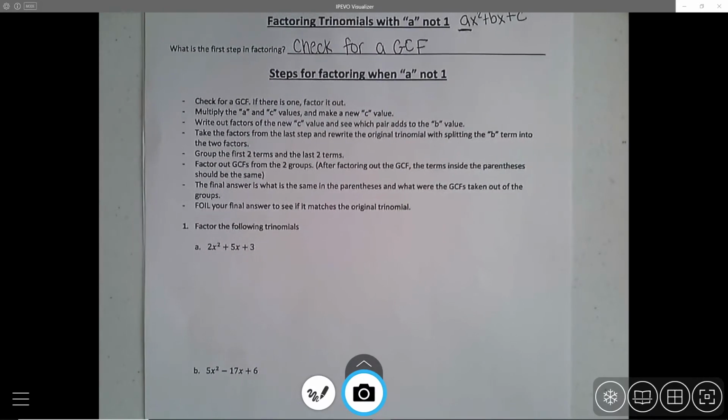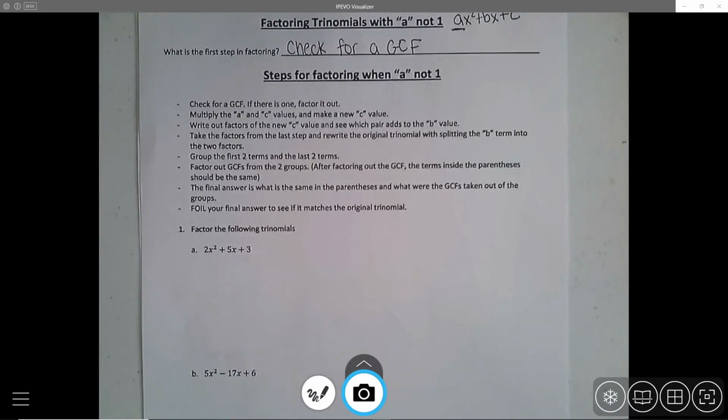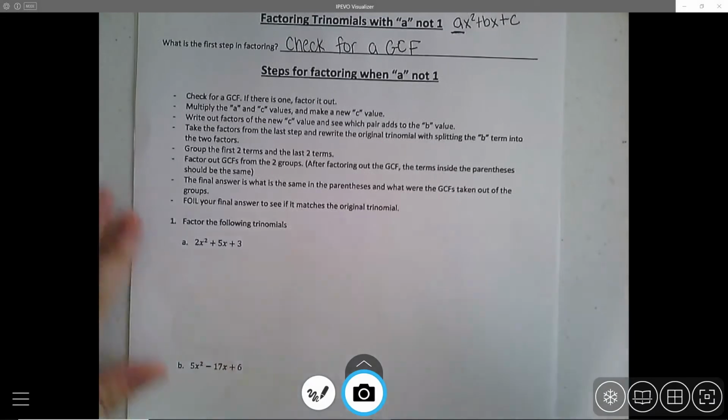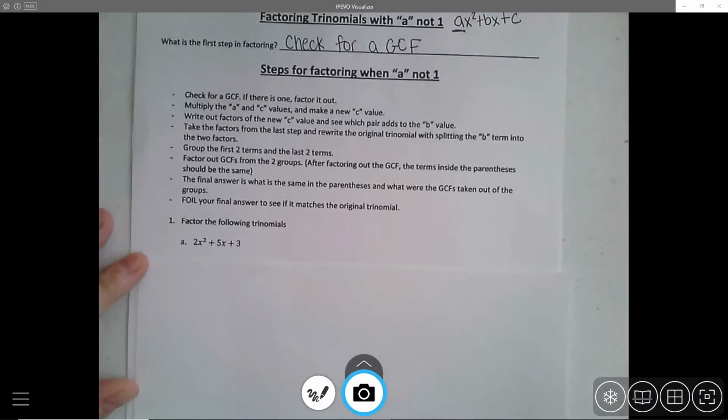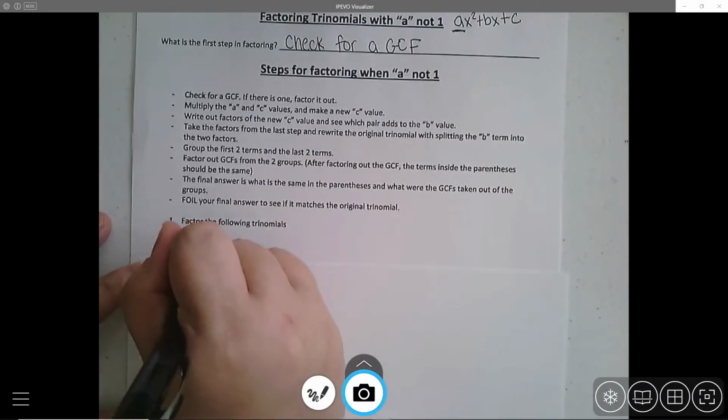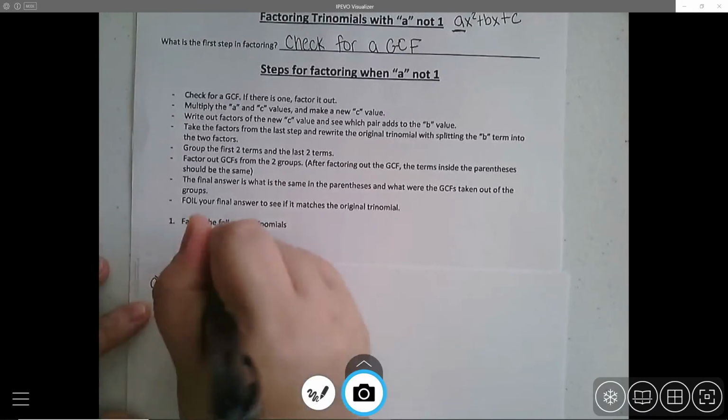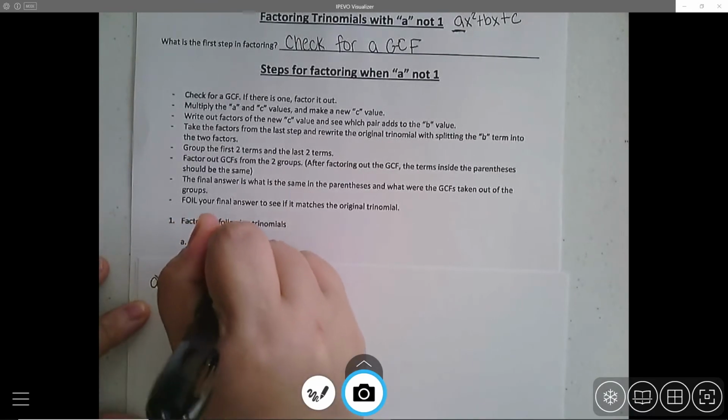Always remember, the first step in factoring is to look at a problem and see if it has a GCF. Now I'm going to work off to the side on another sheet of paper for our GCF. If I label that A, that's what we're on.